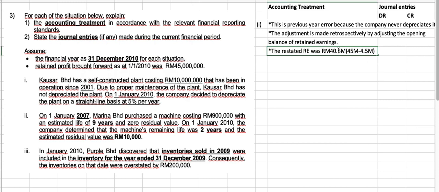That is the restated figure after you adjust the retained earnings.